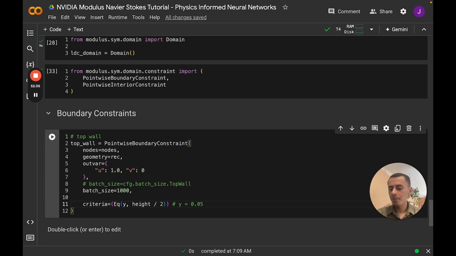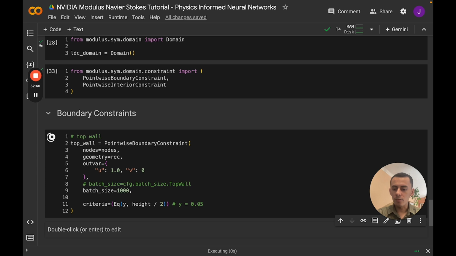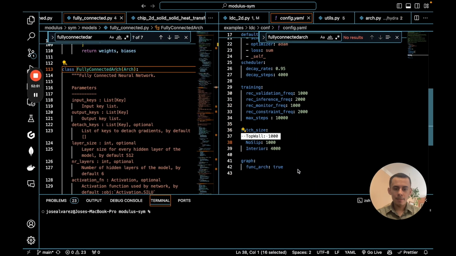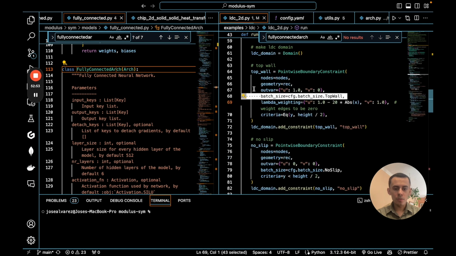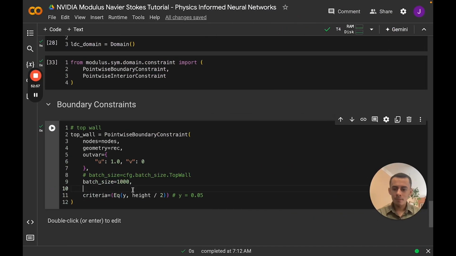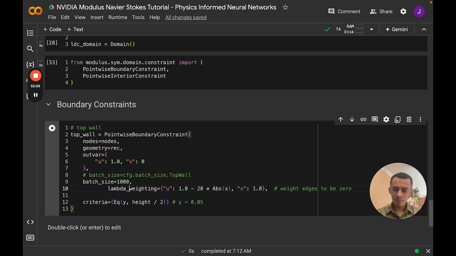That's the top wall, right? Okay, so that's how they do it. And there you go. Now they have something they call the lambda weighting. It's a little bit of a funny thing, you know. I'm going to show you. So they have this function. So we're going to copy it. It's the lambda weighting.